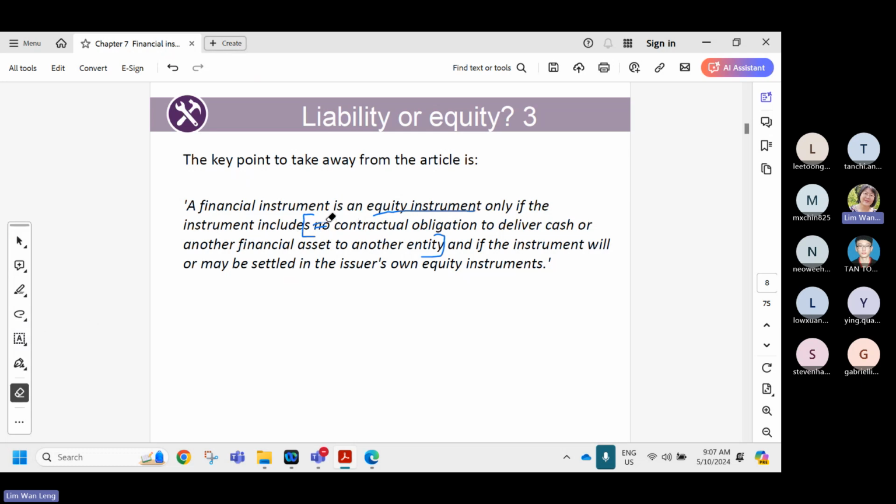But if there is no such thing, it falls under the definition of an equity instrument.